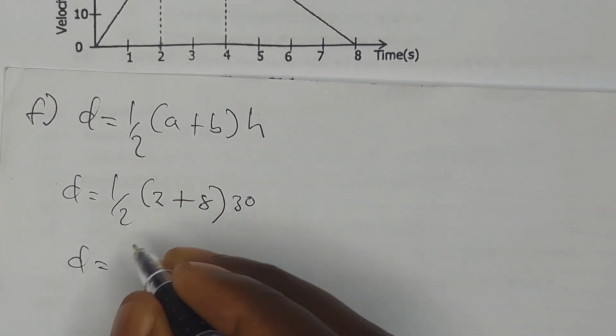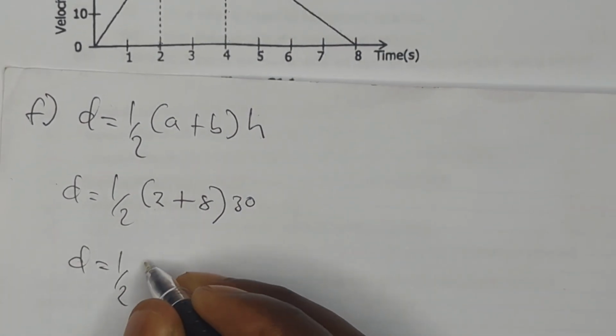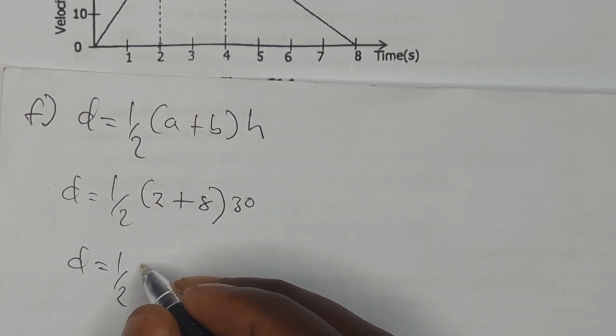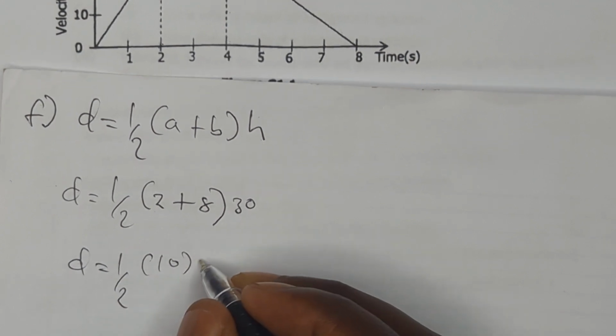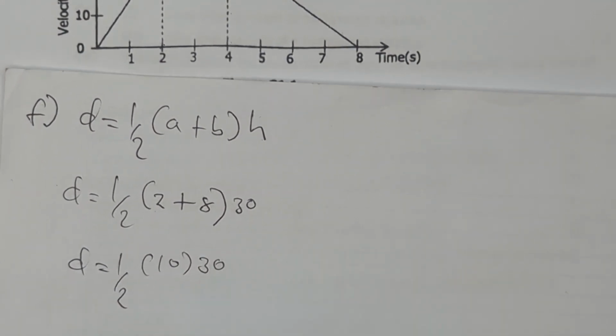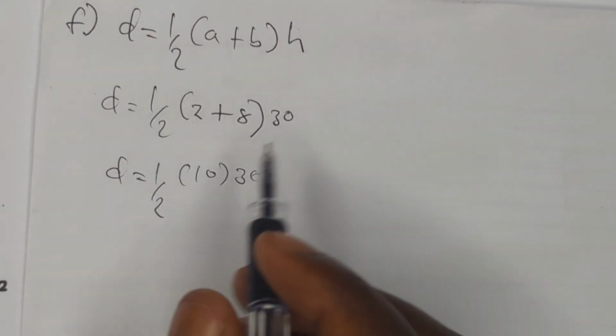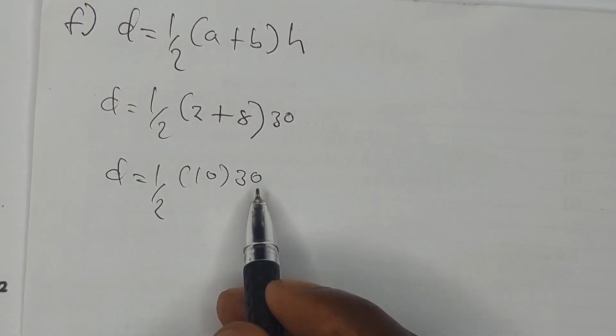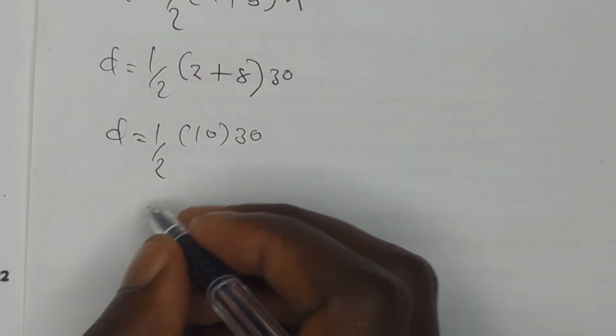So distance therefore is equal to 1 over 2 times (2 plus 8), that is 10. And there we have 30. So 10 multiplied by 30, it will give us 300.